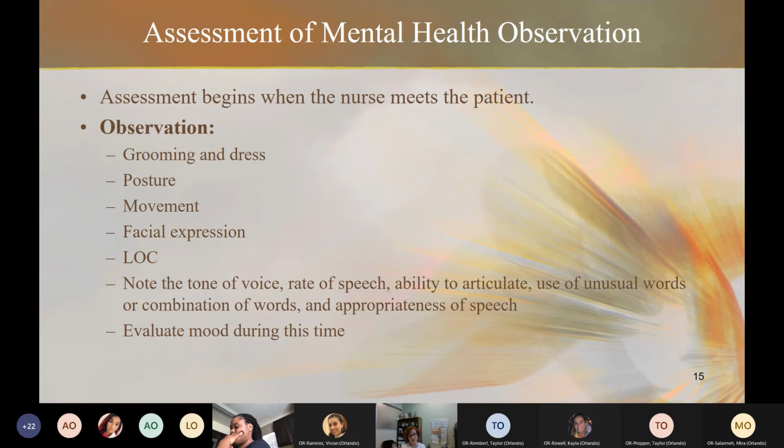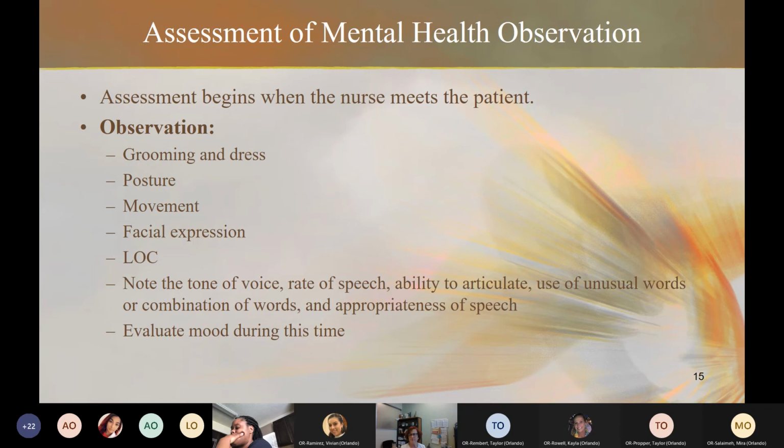And of course, their level of consciousness is important. How they speak to us, their tone of voice, can they articulate? Do they have weird words? In other words, something really strange? Are they speaking where it makes sense? And of course, we have to look at their mood. How are they feeling?